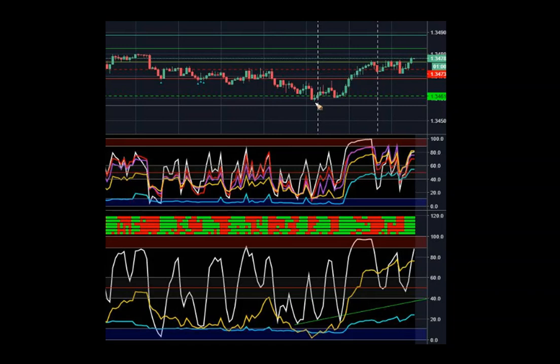When I have that doji wicks on both sides, at the top it's an evening star, and I believe at the bottom it's called a morning star. Nonetheless, whatever its name is, it's a candlestick reversal pattern. But it's 1 minute, so it could be short-lived. But indeed, the price is reversing at that point. So let's just go ahead and say, this was a convergence point.